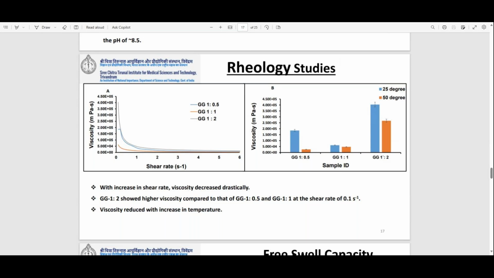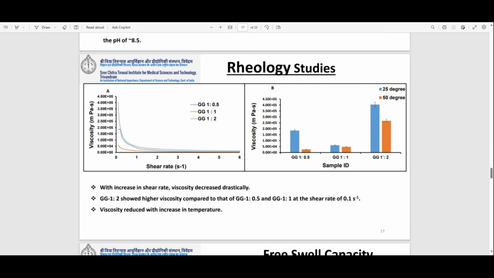So we can conclude that in the case of GG 1:2, where the extent of thiolation is high compared to the other two systems, a lot of thiol groups are introduced in the polymer backbone, and because of those hydrophilic thiol groups, there is a possibility of intermolecular and intramolecular interaction between the polymer chains that itself increases the viscosity of the system. So that itself is a confirmation that the reaction has happened.